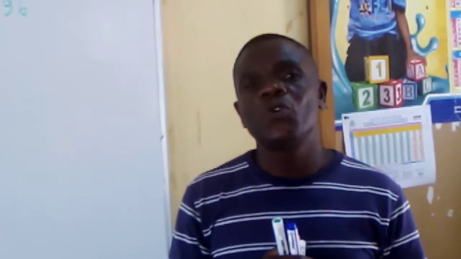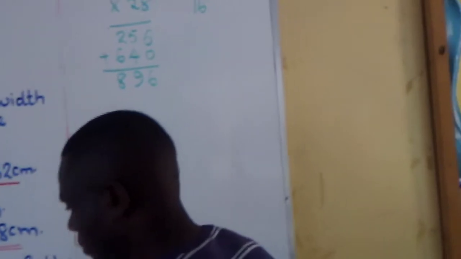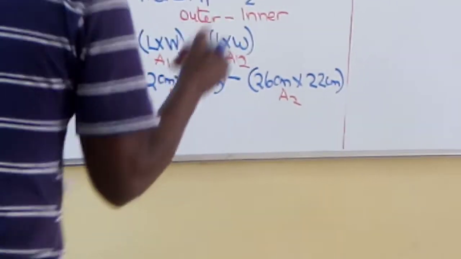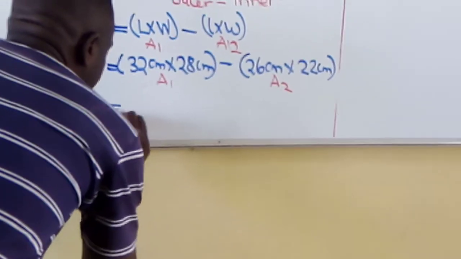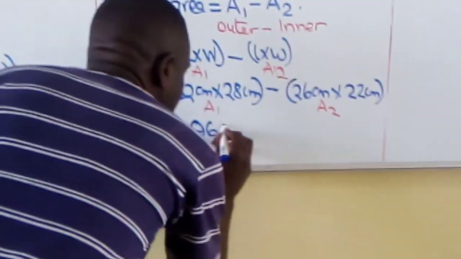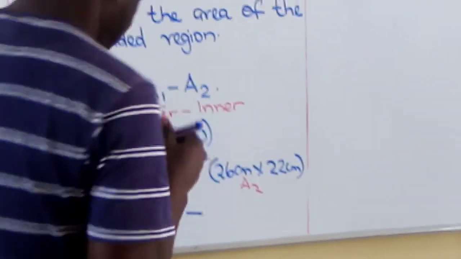Now, Michael, what is 2 plus 6? 2 plus 6 is 8. Correct. Thank you. So, the answer would be 896 square centimeters.